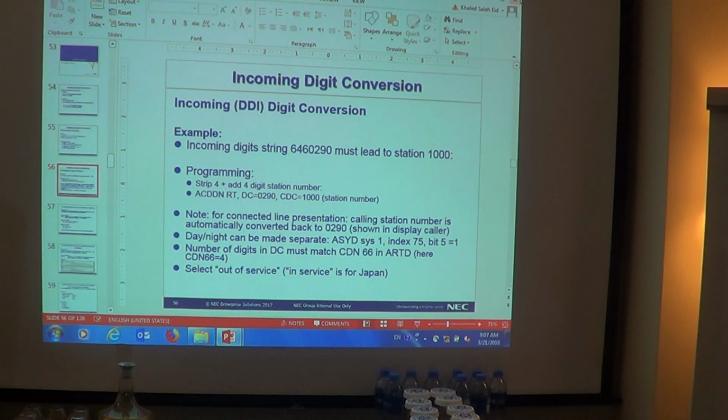For example, when we assign this configuration to the system, and the other one dials, for example, 6460291. The system will strip the first digits, it's 0291.